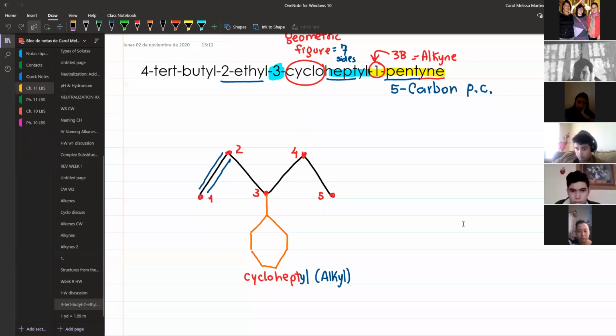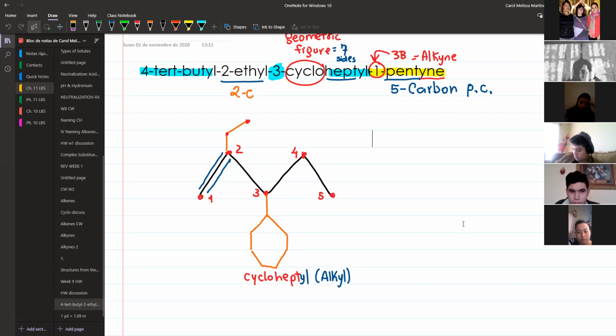So I'm going to locate in the position 2 ethyl. Ethyl is a 2-carbon alkyl, okay? So remember, this has only 2 carbons, so I'm going to include them here. 2 carbons, 1 and 2, in the position 2. And then in the end, in the position 4, I will locate tert-butyl.